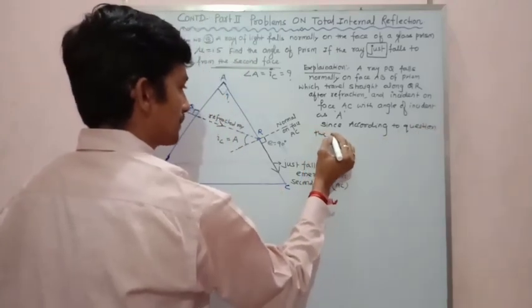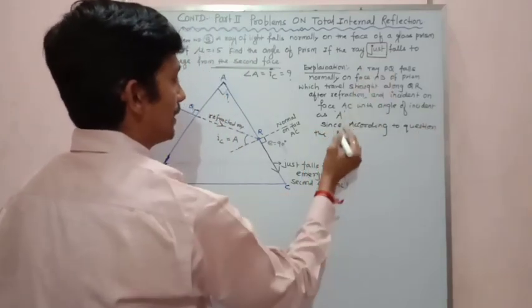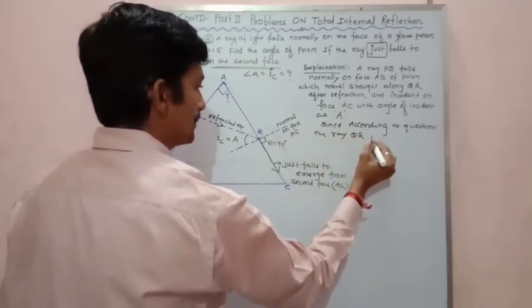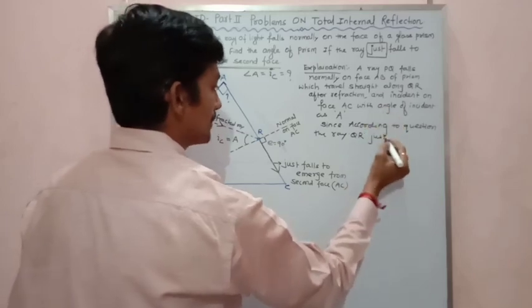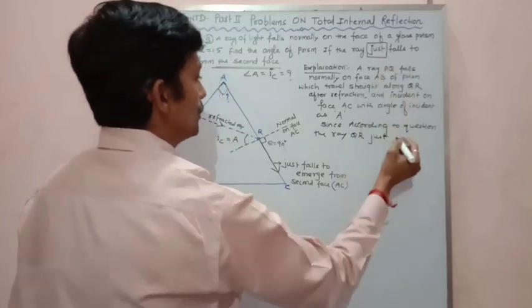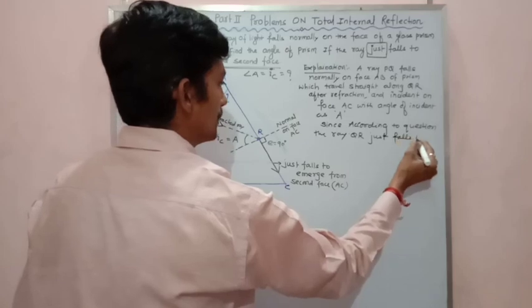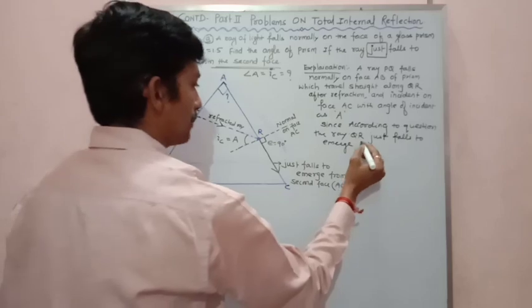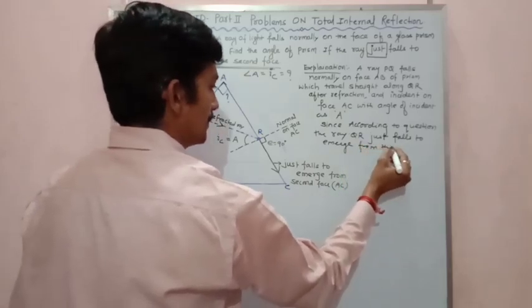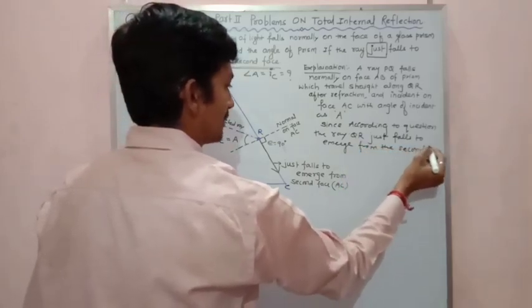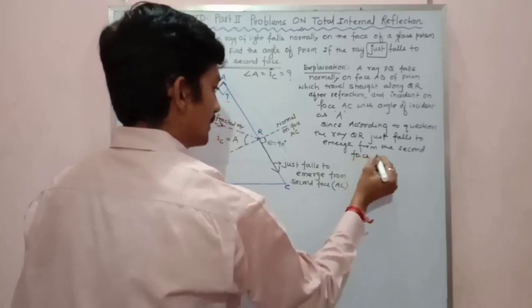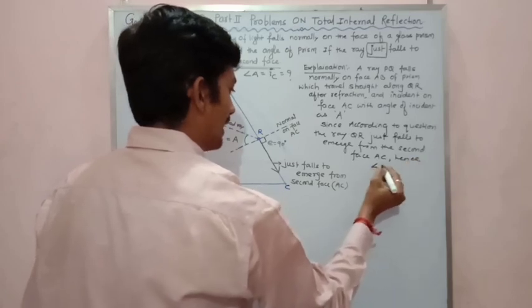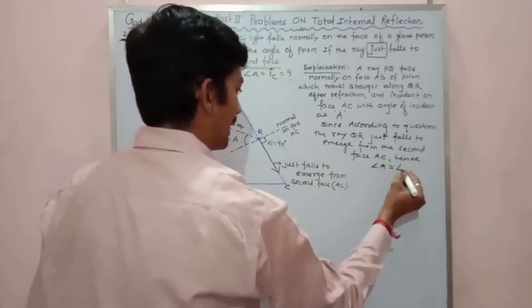the ray QR just falls to emerge from the second face AC, hence angle A is equal to angle IC.